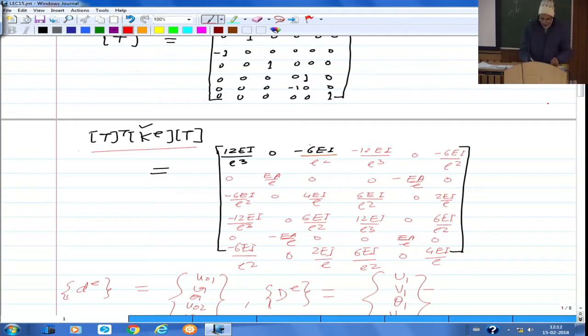Originally, if you look at the first row and second column of just the bending stiffness, this is actually plus 6EI by L square. Since the global x axis corresponds to the negative of the local y axis, you get a minus sign here, then you get a minus sign here.